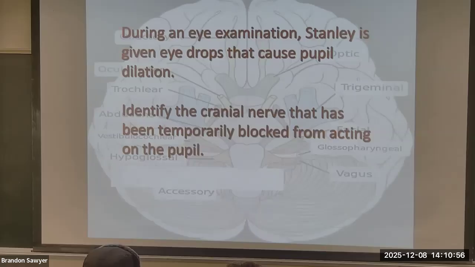Okay, now we got this one. We can block the actions of a cranial nerve, and then we'll see the opposite effect of what would happen if we were able to activate it.